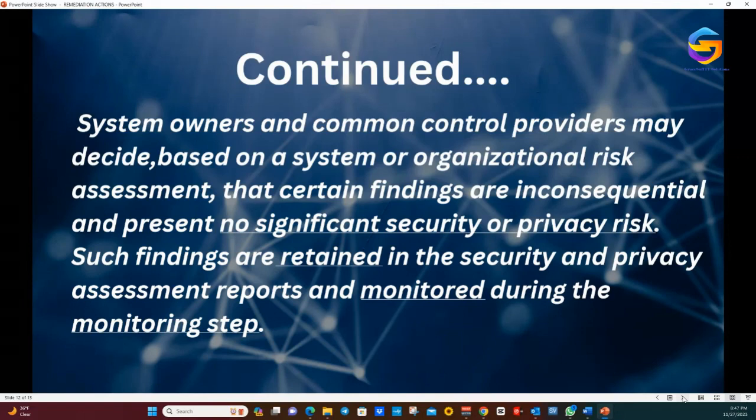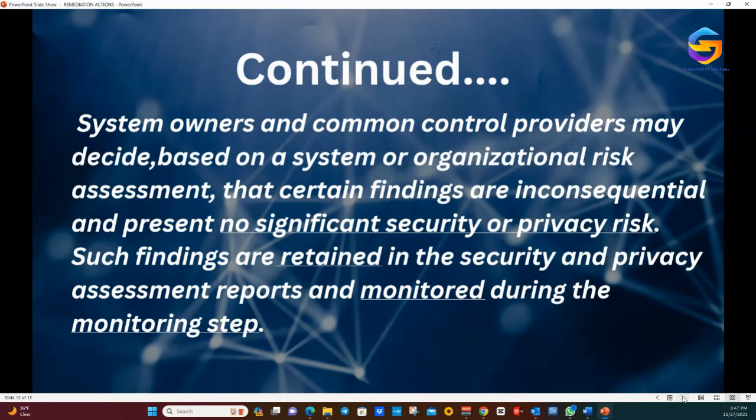What does this mean? Again, when the control assessor is done with assessment, even though there could be some controls that might have minor or low risks to the system, they don't necessarily have to go ahead and fix it immediately. Don't forget, resources are also involved. It involves money. So if at that moment, looking at the resources that need to be spent in fixing that, they don't have the resources to fix everything at once, you can.